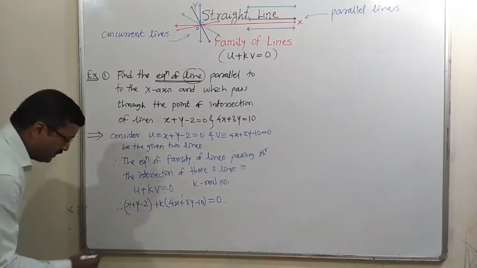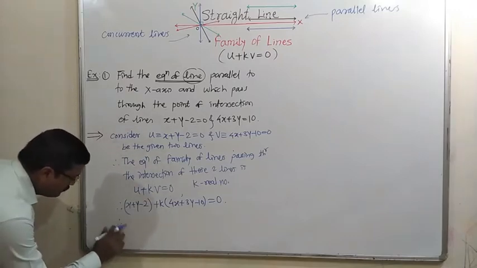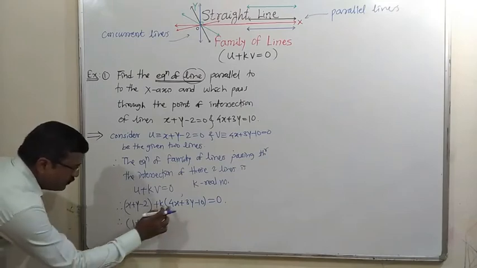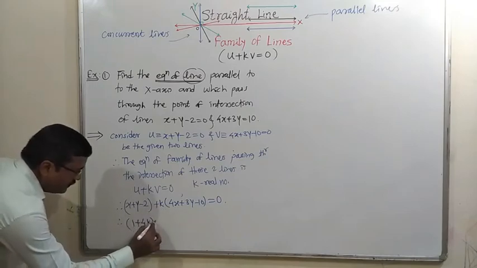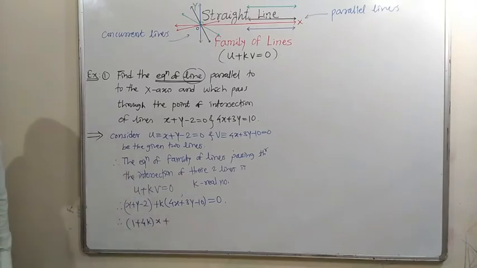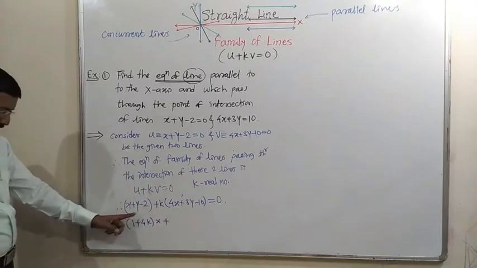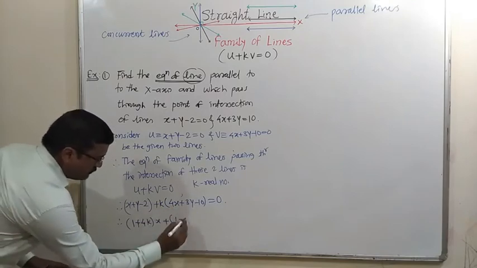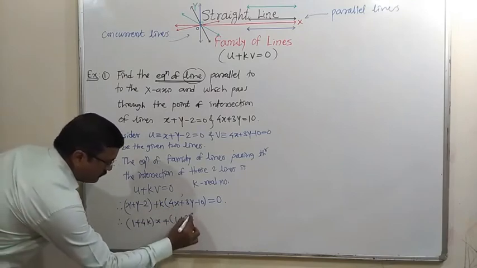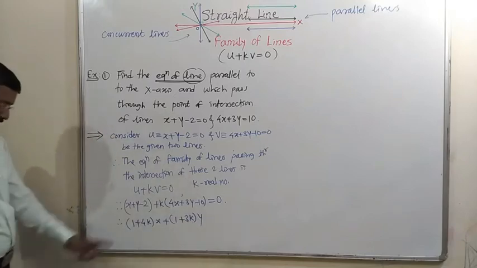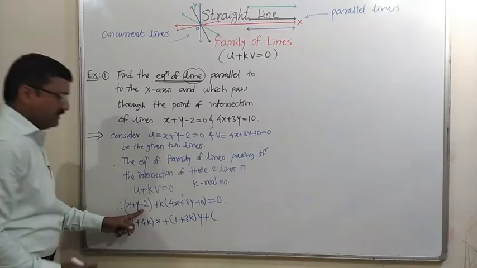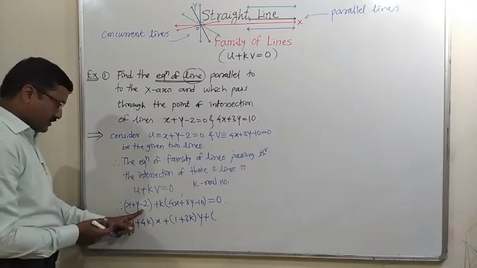For that, let us collect the x terms and y terms. So here x term is 1 plus 4k into x plus, here coefficient of y is 1, so 1 plus 3k into y plus, we will write always plus sign, and in bracket we will write the constants with their signs.